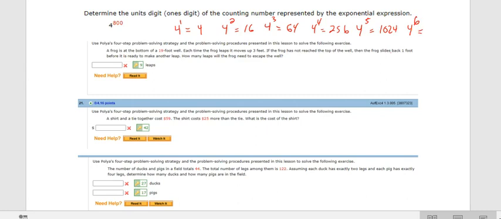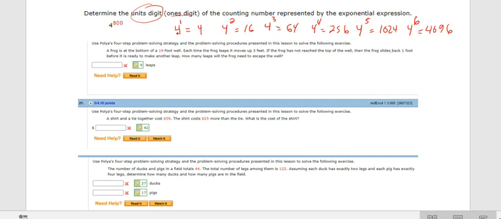4 to the 6 is 4096, and so on. So it wants to know the units digit. That means the ones digit. So this to the 800 power would be too big to put in a calculator.